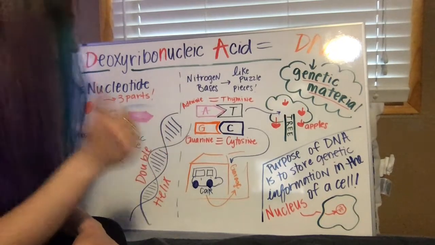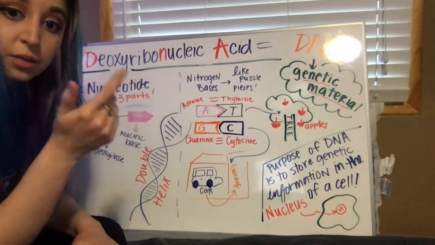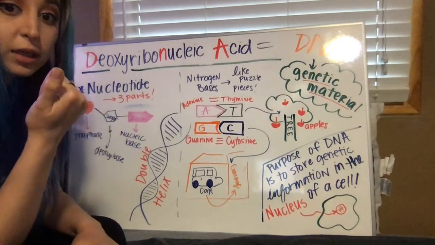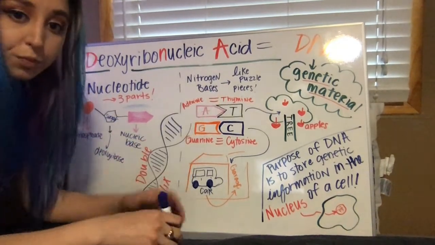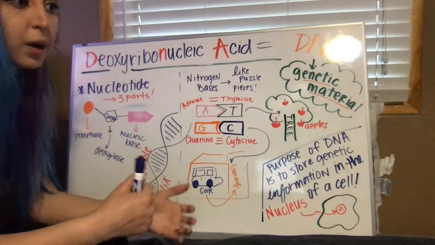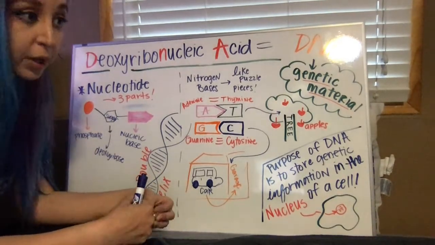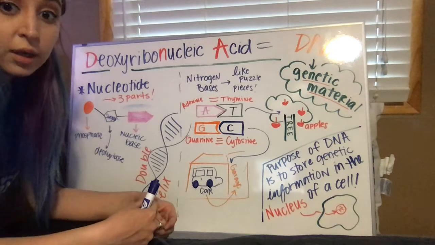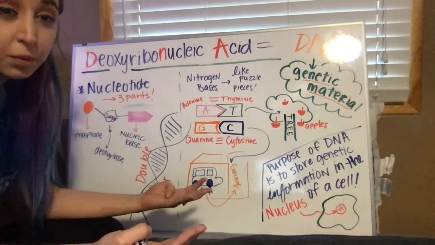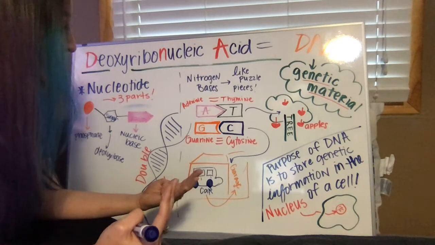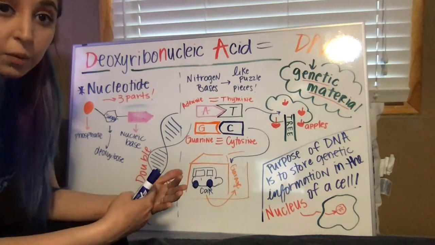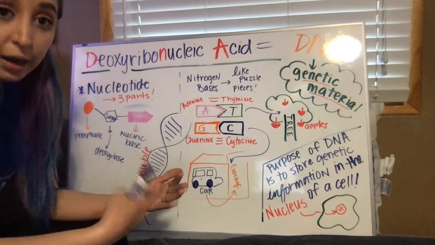We have adenine, which has a double bond with thymine. That's a hydrogen bond, and that's what we talked about also in the lab. A hydrogen bond is just a bond that is easily broken by a protein, which is an enzyme, but we don't want to get too into it. All you really need to know is that adenine will pair up with thymine every time.